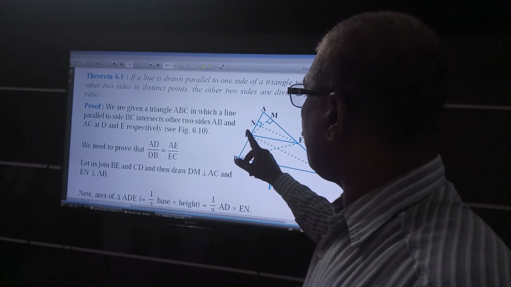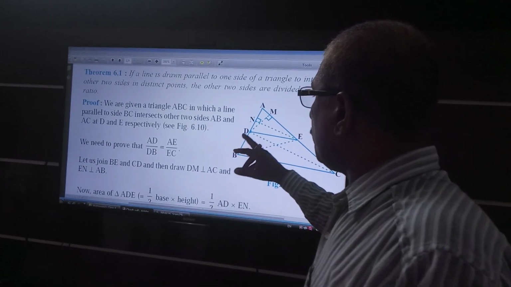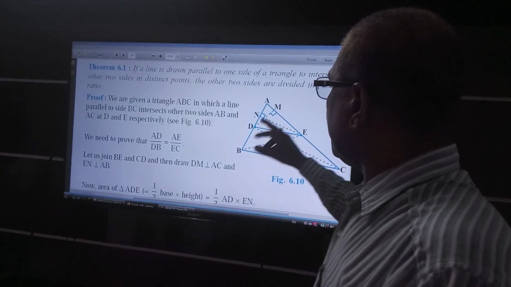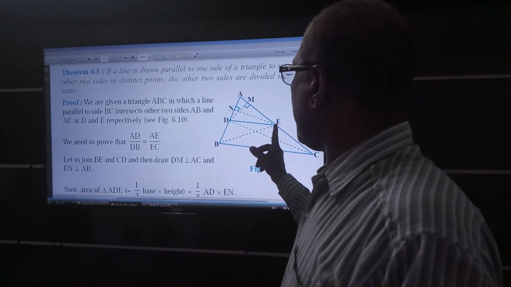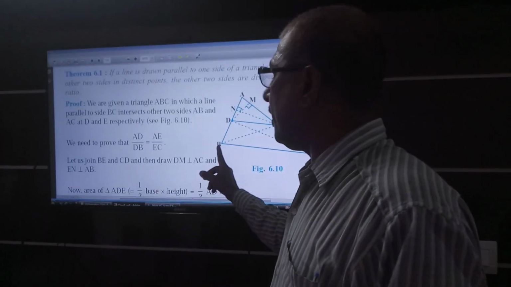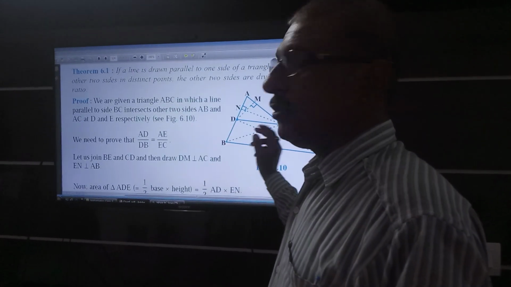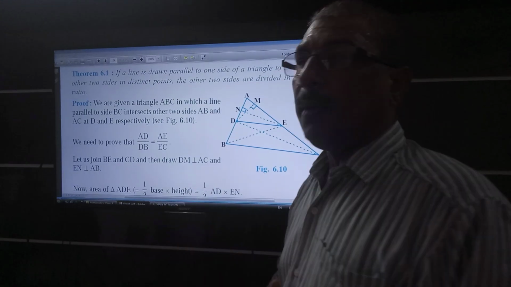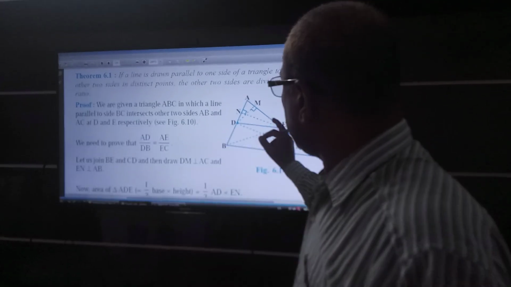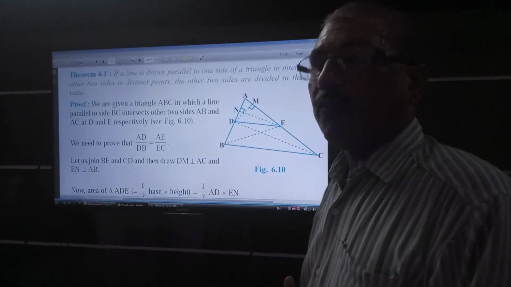Then you draw a perpendicular from D to AC, that is DM. DM is perpendicular to AC. Similarly, you draw a perpendicular from E to AB, at point N. So EN is the perpendicular to AB. Got it, children? So this is the perpendicular and this is the perpendicular.